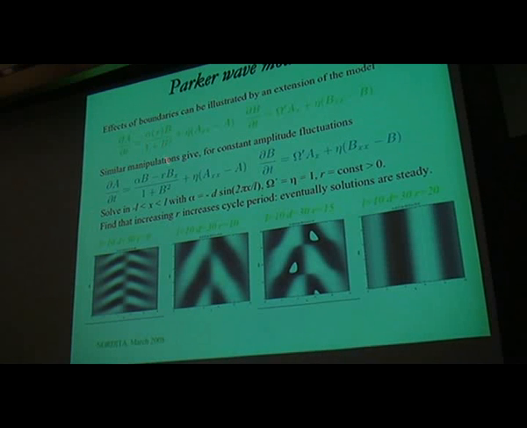And this alpha of x has two parts. Once you put in the new term, it has an alpha term and a new term proportional to the derivative of b, and there's a simple quenching term just to control the nonlinearity.